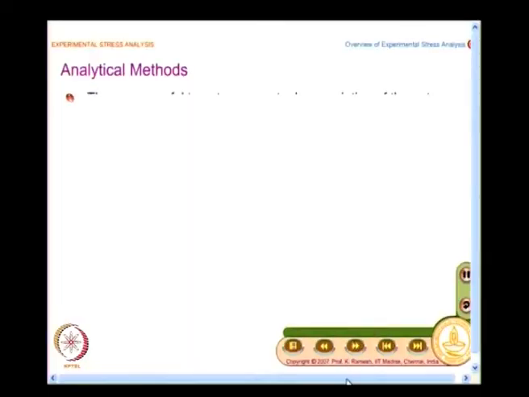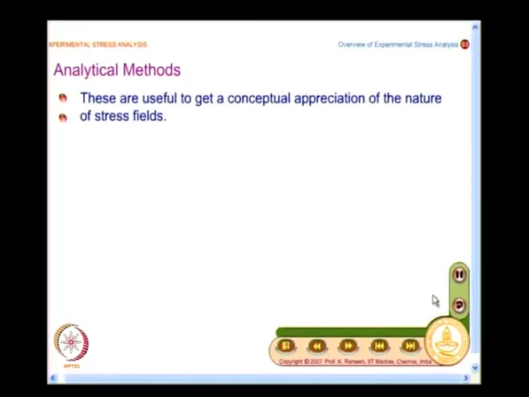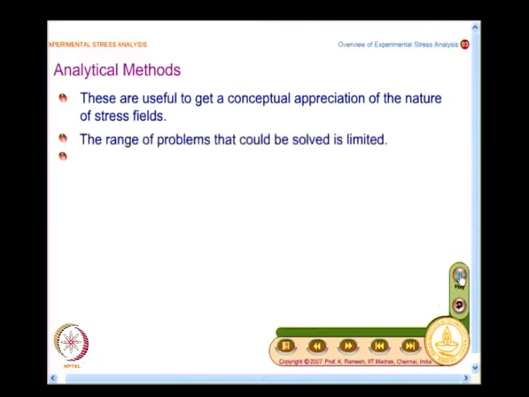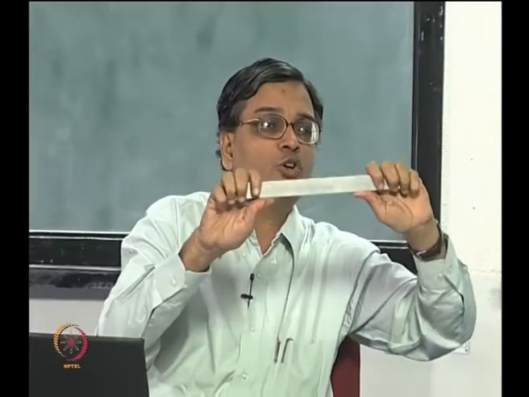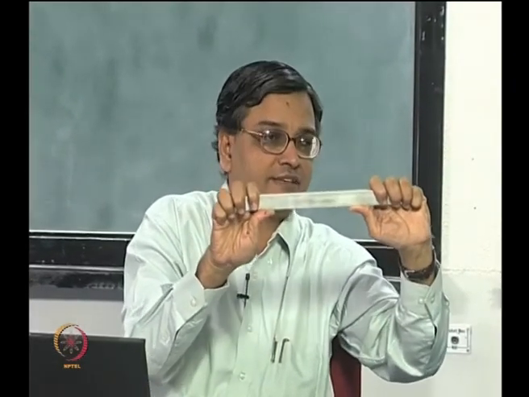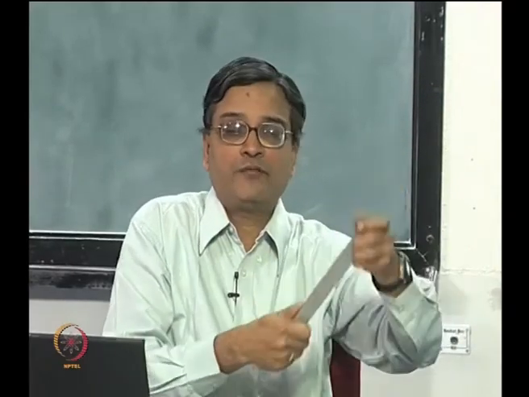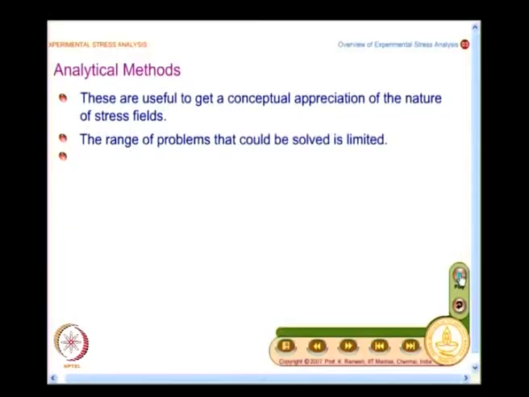And once you come to analytical methods, what is the advantage here? These are useful to get a conceptual appreciation of the nature of stress fields. If I take a member and pull it, I know that it is subjected to tension, and I do the bending, and I want to know how the stresses are developed in bending. But whether it is strength of materials or theory of elasticity, the range of problems that could be solved is limited.